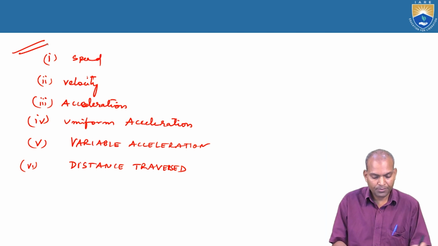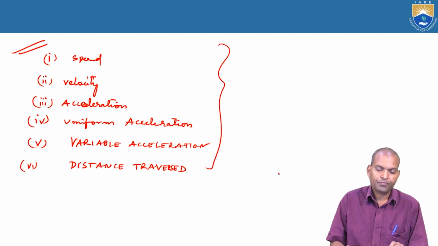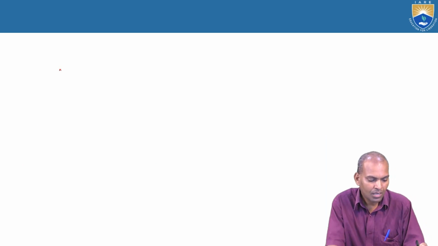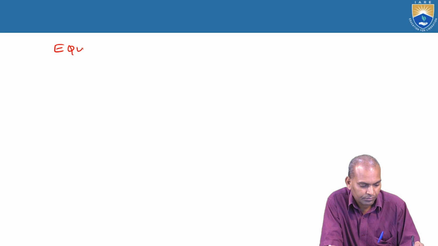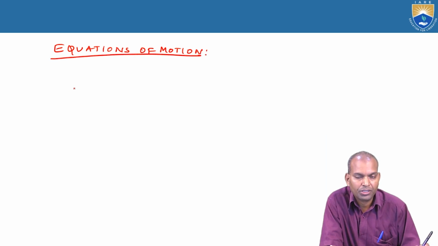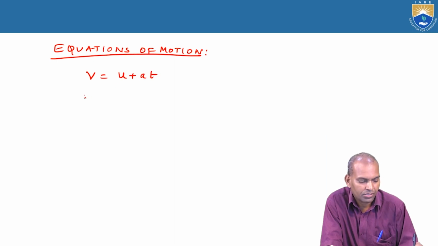After understanding these terms, we derived the equations of motion under uniform acceleration. The first equation is v equal to u plus at. The second equation is s equal to u times t plus half a t square.